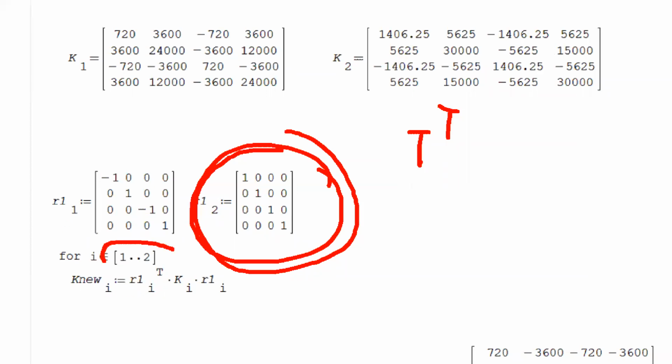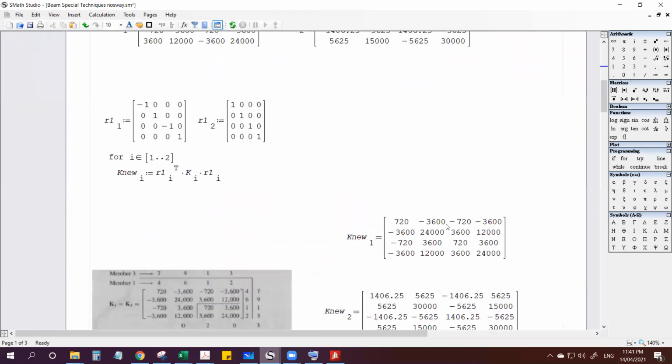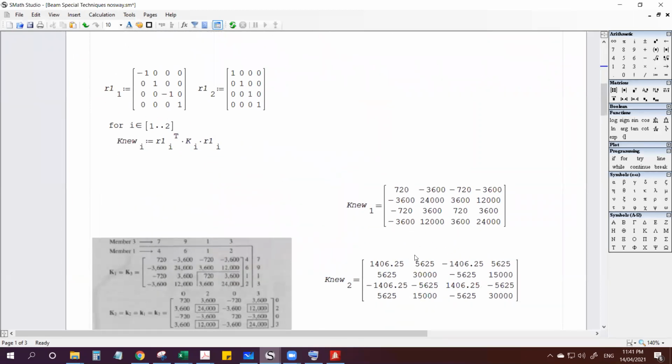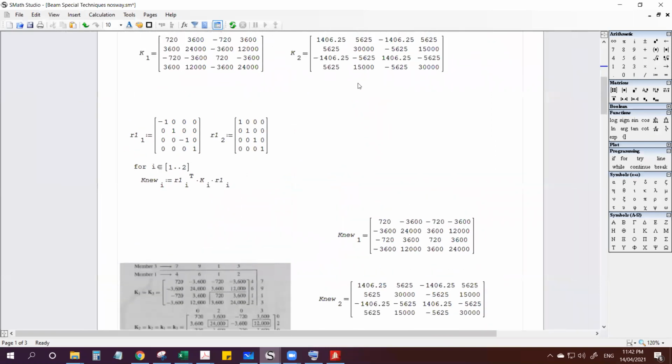looping again to 2 for our global stiffness matrix, incorporating the transformation matrix for each member. So this is our transformed global stiffness matrix. And again, as you notice, there's no change on K2 and K nu sub 2 because it's a horizontal member.